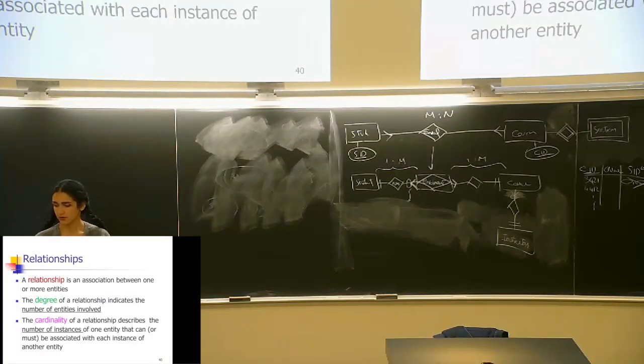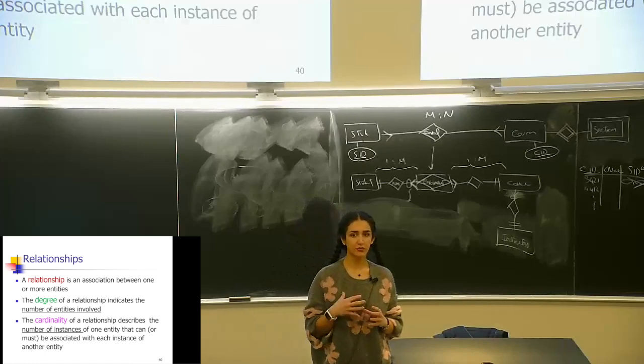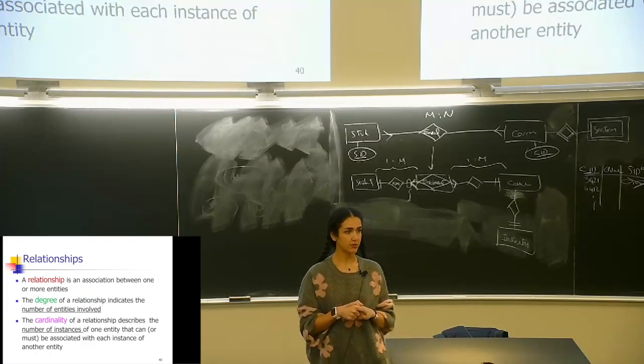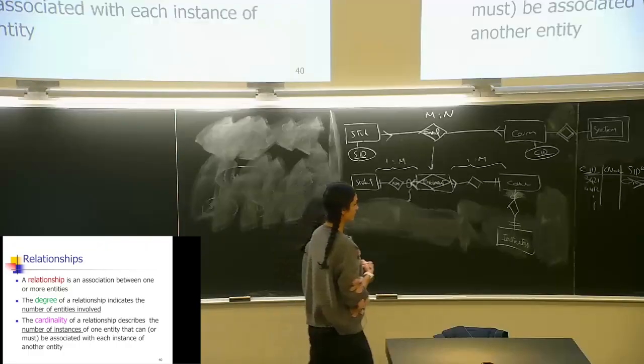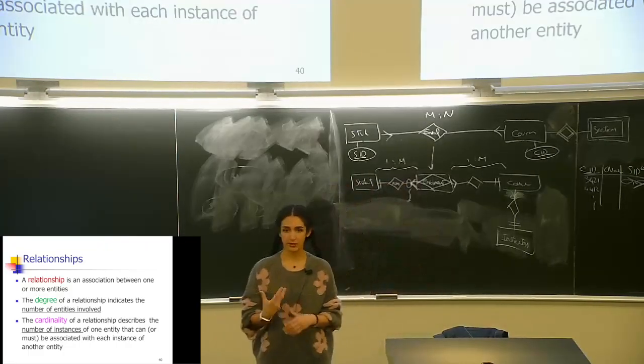Now, we discussed relationship. It's a link or association between one or more entities. How could it be a relationship between one entity? Because we can have a unary relationship, which means an entity can be related to itself. For example, we can have an entity like employee.